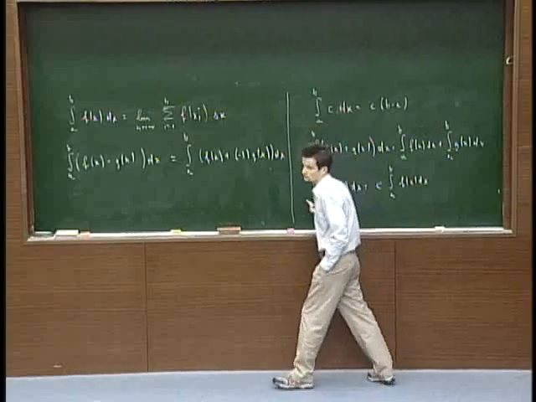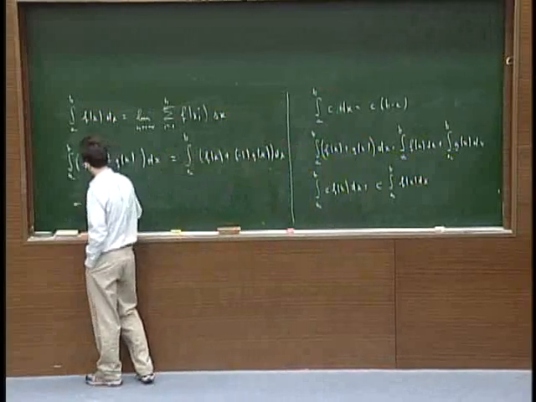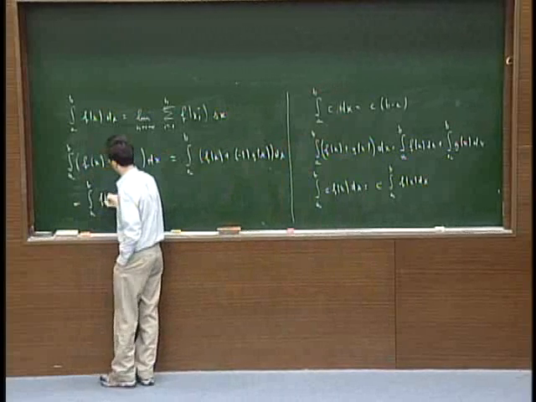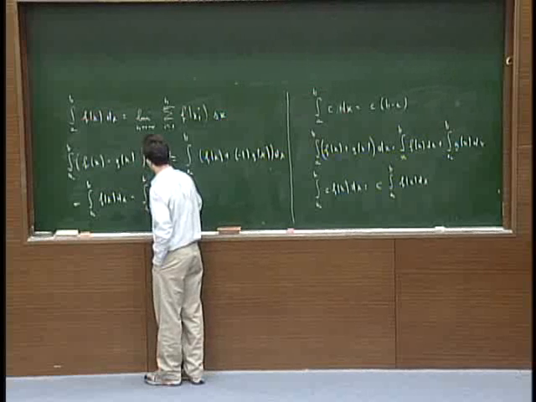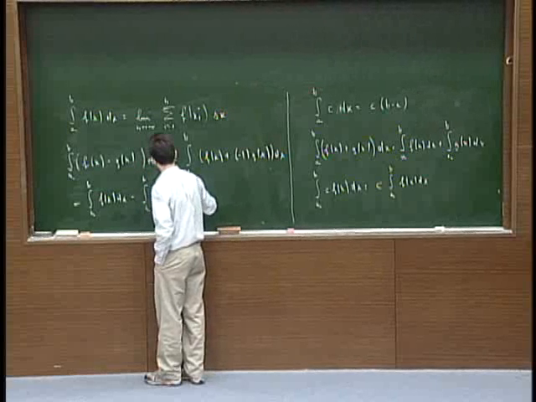So you use this rule, and you get that this is equal to the integral from a to b f of x dx minus the integral from a to b g of x dx.